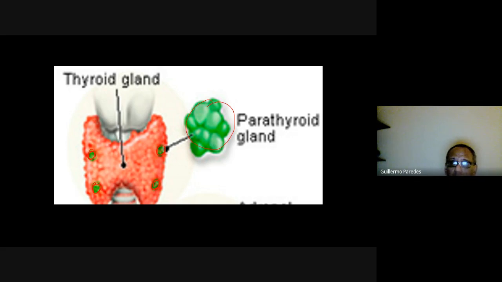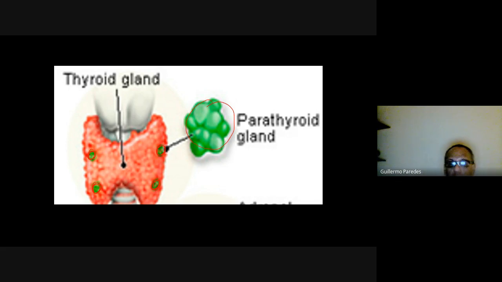These parathyroid glands are just behind, like somebody lying on you from behind. So you are the thyroid gland, and the person from behind is the parathyroid gland. That means the parathyroid glands do not belong to the thyroid. They are very close, over the thyroid gland, but they are totally different glands. Okay?